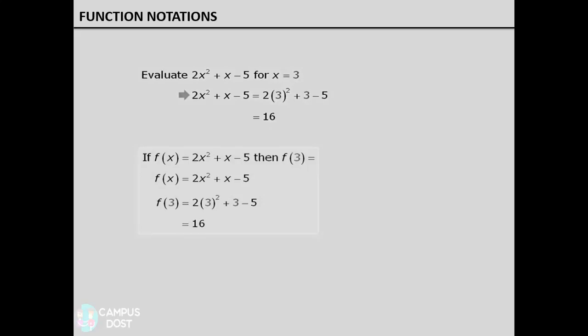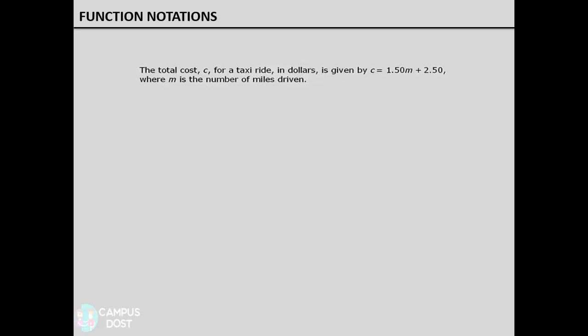Okay, now here's an example of a word problem that we can rewrite using function notation. The cost C of a taxi ride is given by C equals 1.5m plus 2.5, where m is the number of miles driven. Notice that the cost of the ride depends on m, the number of miles driven.